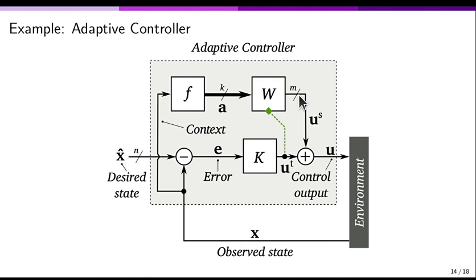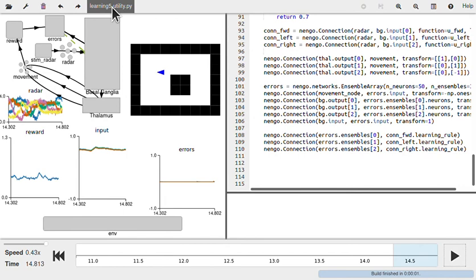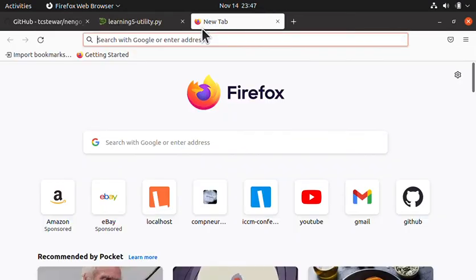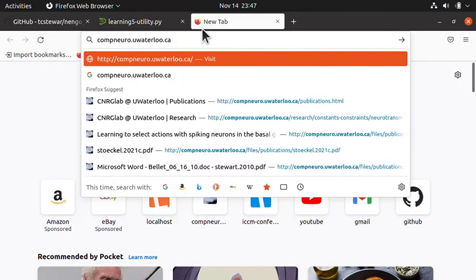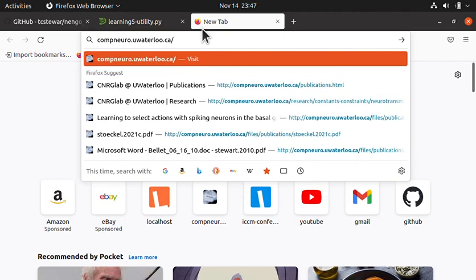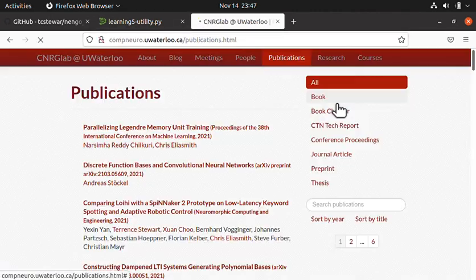I've got a paper or two if people are interested. Actually, let me point those out. Publications, there we are.